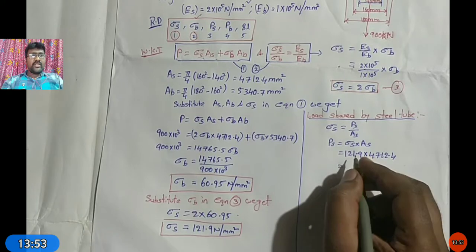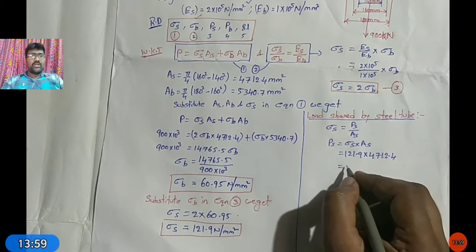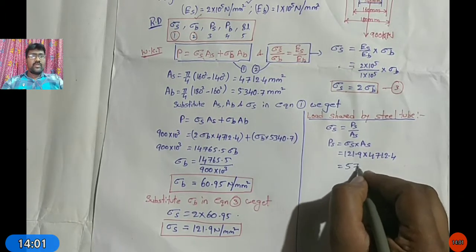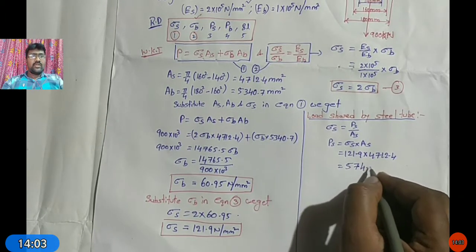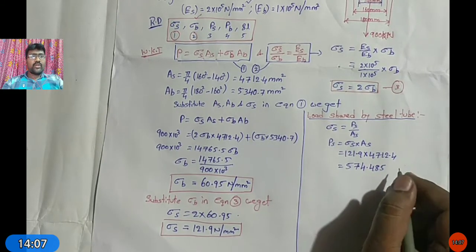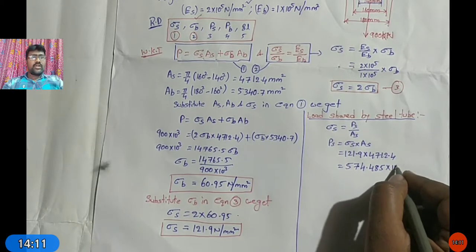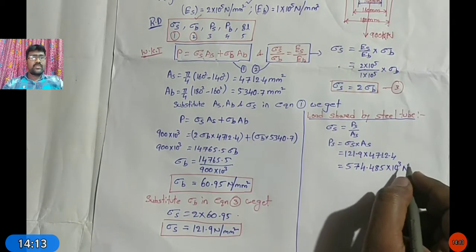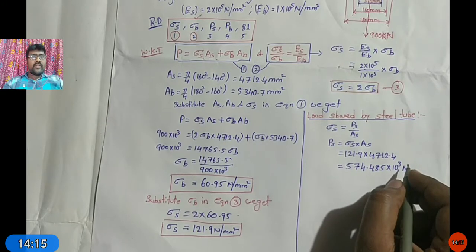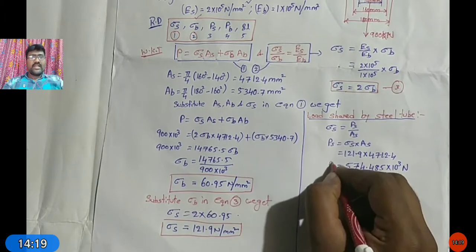By simplifying the above equation we can calculate load shared by the steel tube, that is 574.485 into 10 cube newtons. It is the value of load shared by the steel tube.